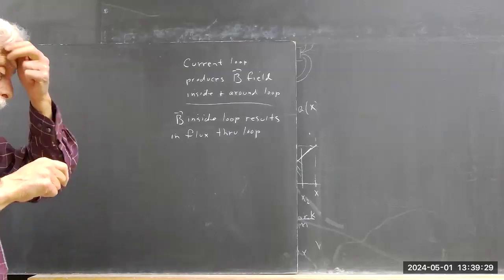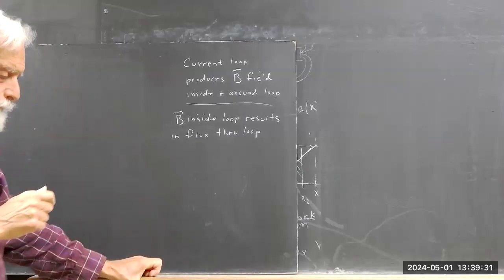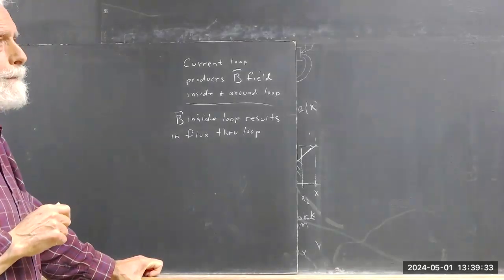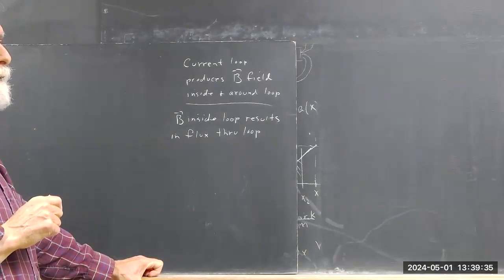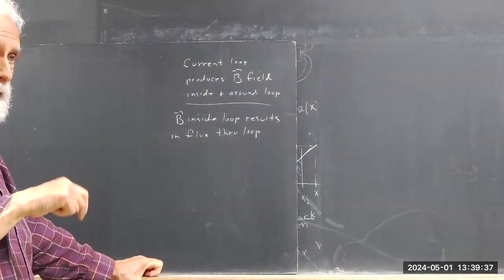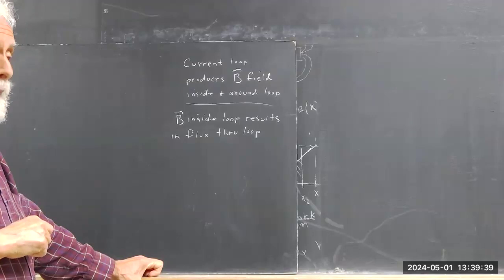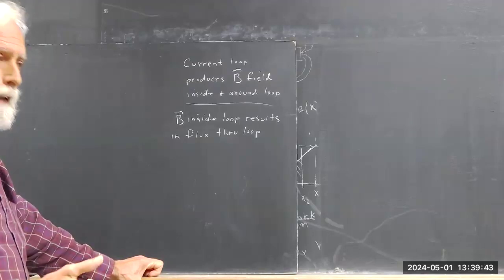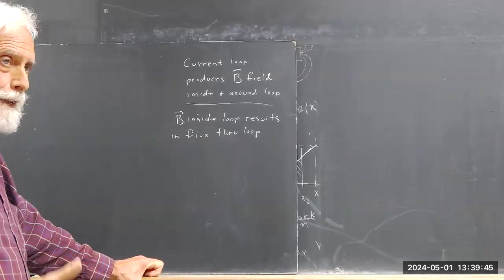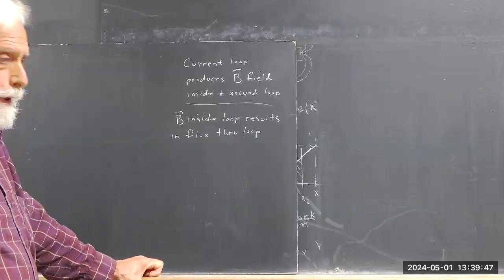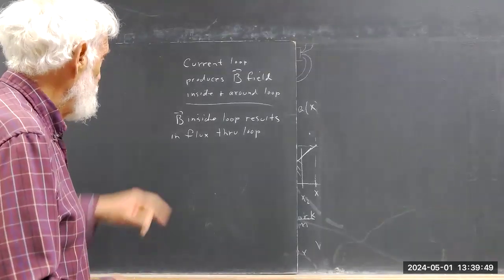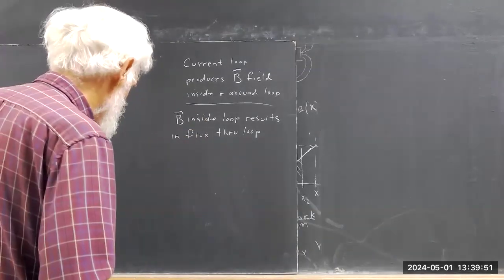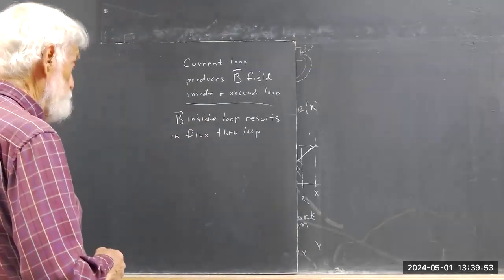We can only calculate it exactly at the center. I'm maybe stretching a little bit, but I think you'd have to use approximations any place but at the center. But if you have a bunch of loops wound into a solenoid, you get a pretty constant field inside, and Ampere's law shows you why. And we'll talk about that today. Magnetic field inside a loop results in a flux through the loop.